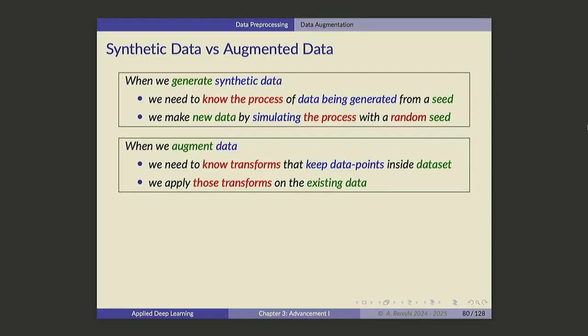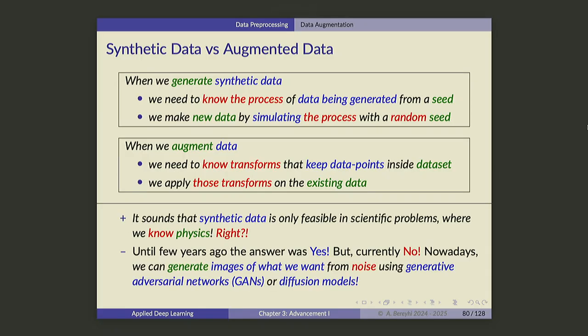This is different from augmentation, as I said. So in augmentation, you look at the samples you have, say a CAT image inside your data, so you only transform it, right? So this is different from generation. You should just be careful about that. One thing is that you might say, okay, synthetic data generation simply makes sense when we are working in a scientific environment, right? When we work with some scientific process.